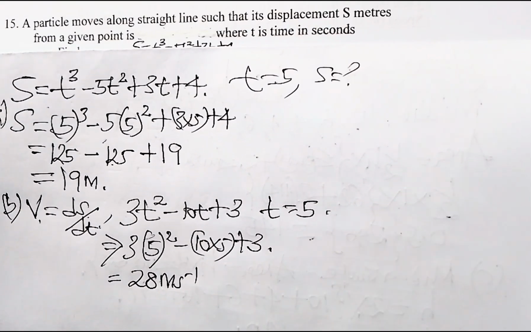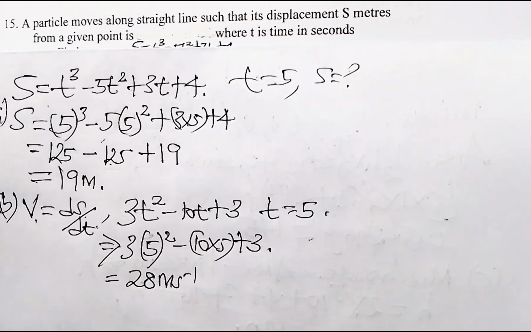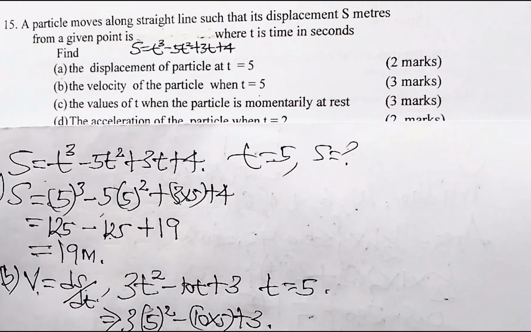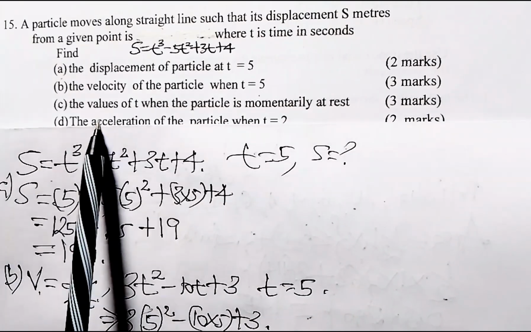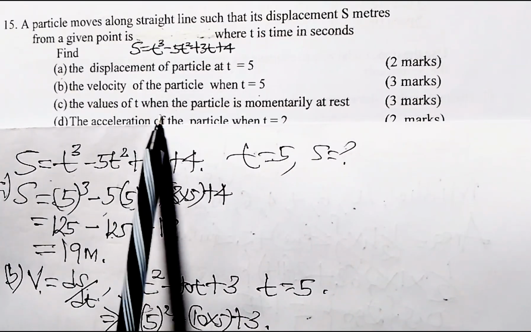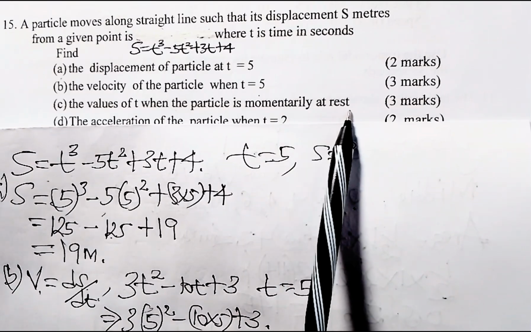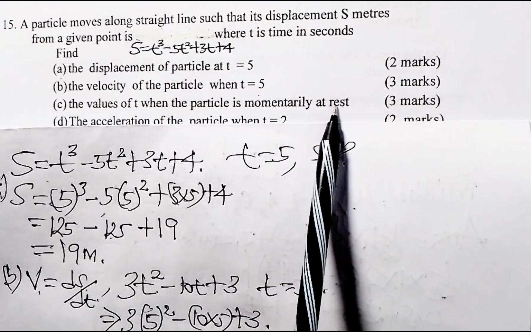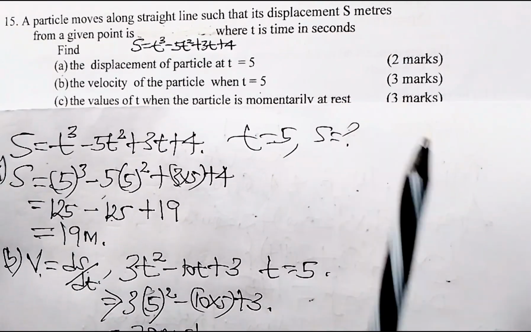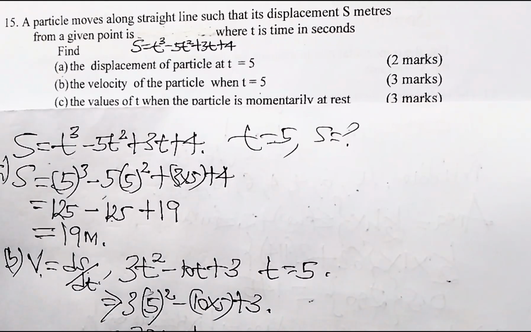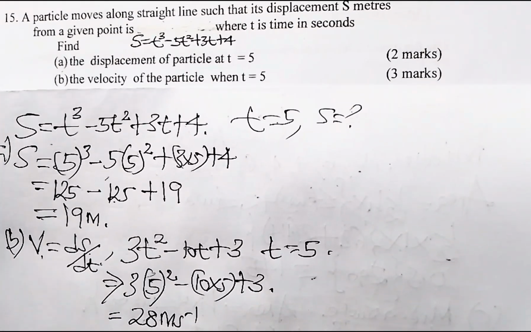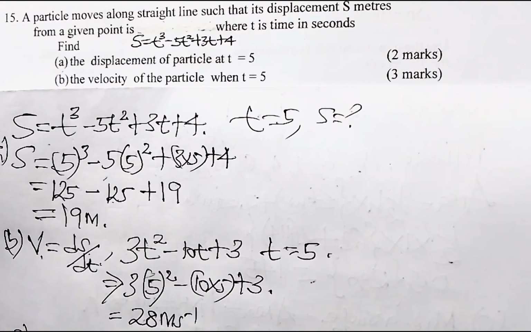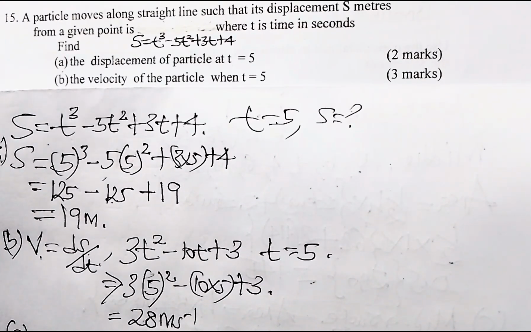In part C, we are told to find the value of t when the particle is momentarily at rest.